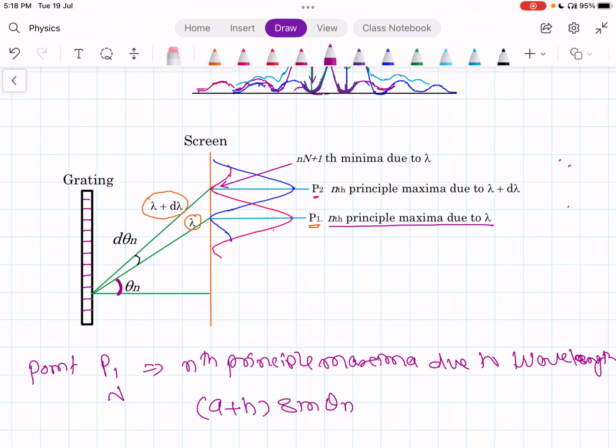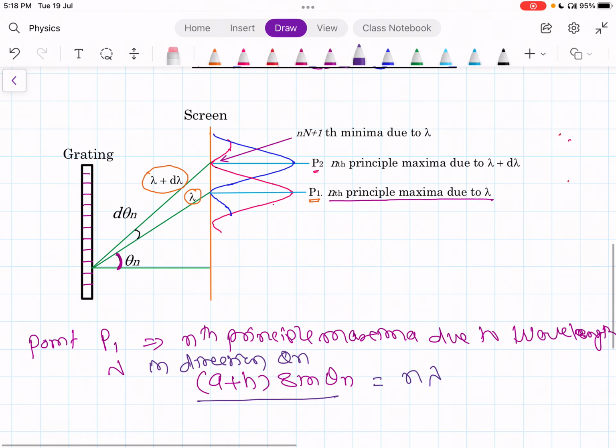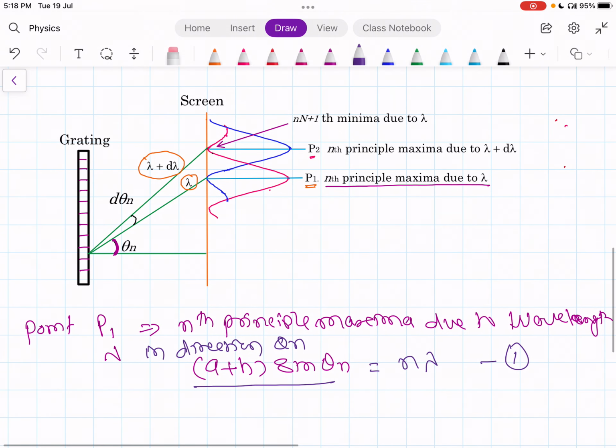Let us write that: in direction theta n, the equation is A plus B sine theta n equals n lambda, and this is our equation 1. We know the value of n is 0, 1, 2, 3, etc. But in this case, we are getting the nth principal maxima at point P1, so the value of n is capital N.